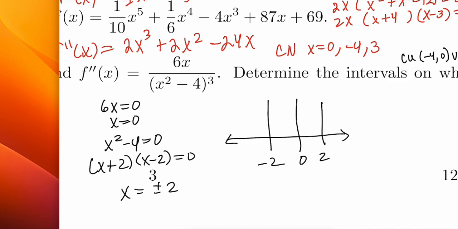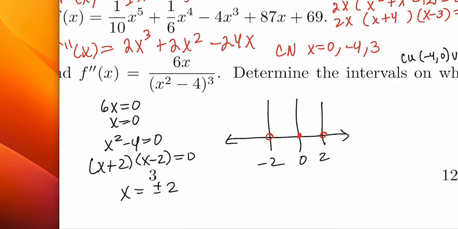Now, the values from the top are points that actually work. So this one is a point, so let's make it visible as a point. These two are undefined values.